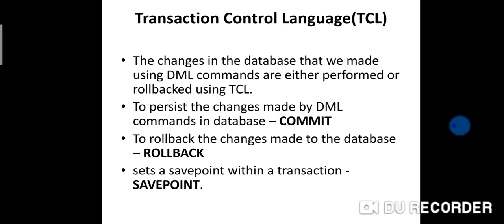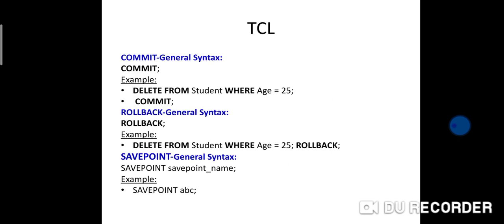Commit is used to commit all the transactions, that is it persists the changes made by the DML. Rollback rolls back all the transactions in case any error occurs. Savepoint sets a savepoint within the transactions. Set transaction specifies the characteristics of the transaction.